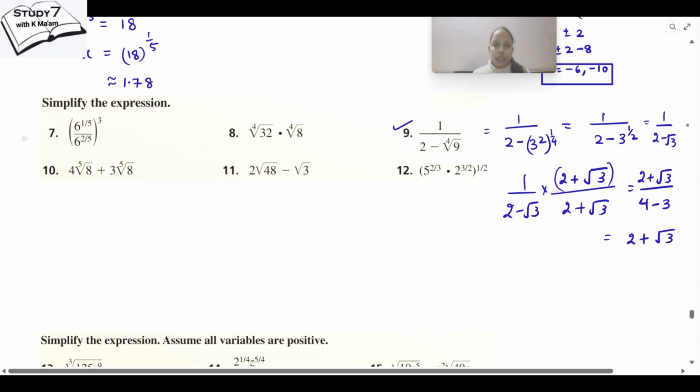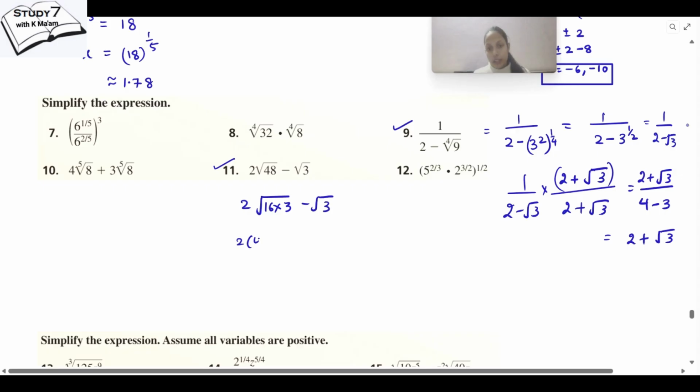Okay. You can try 11. Start solving this question 11. 48. Try to split 48. 8 6s are 48. Anything else? 16 3s are 48. What is root 16? 4.